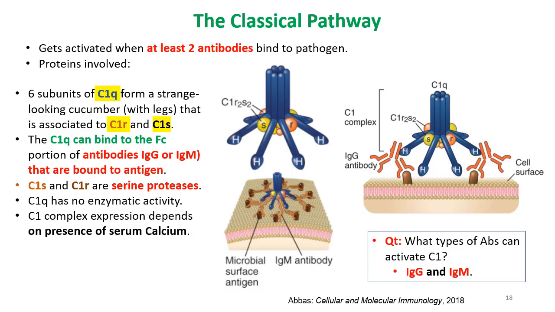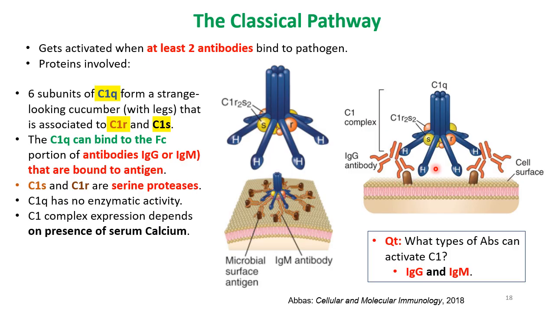First thing that you're going to do, you're going to have to let the legs interact with antibodies. Okay? So here, at least two of the legs need to interact with antibodies that are bound to epitopes that are close to each other.